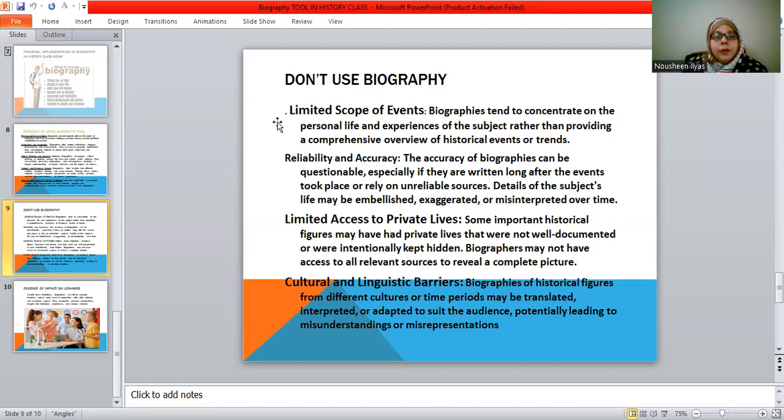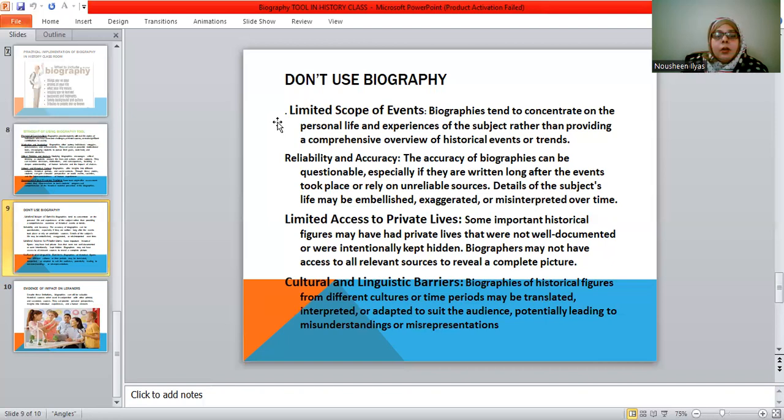Because for giving the material, we have to see whether the resource is unreliable or reliable, or whether, because of the subject, it is exaggerated.